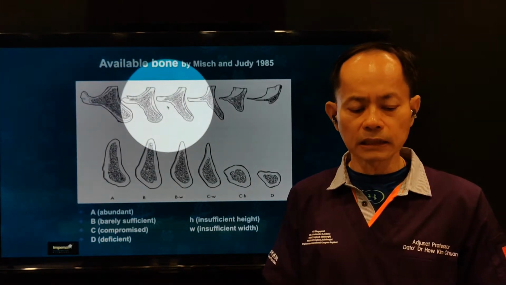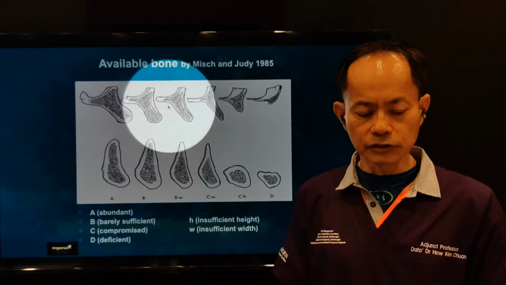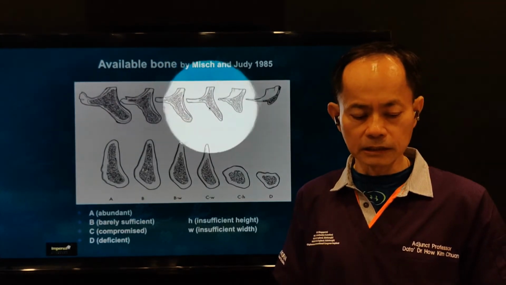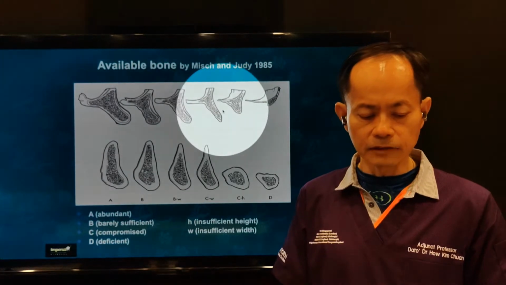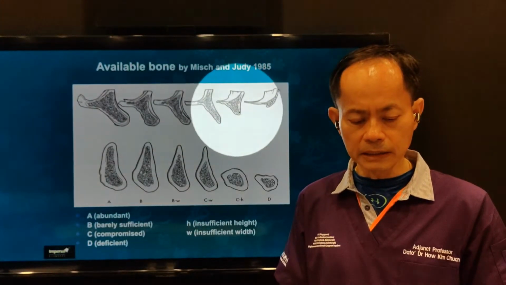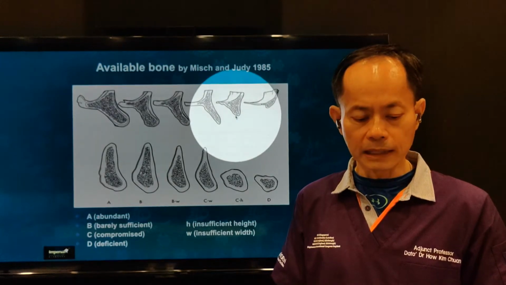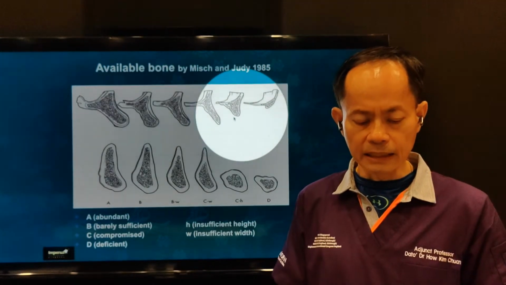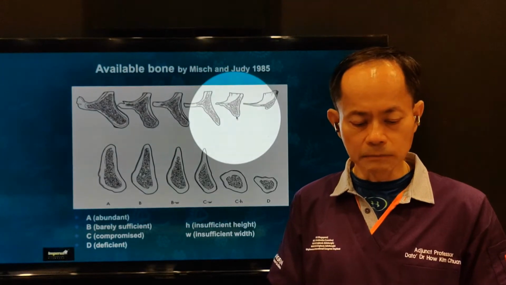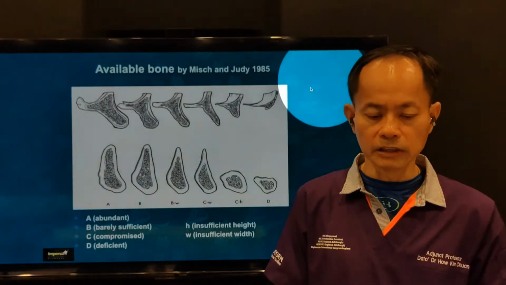Two years later, if we don't do anything, it will shrink to this dimension. Then in another 2 years, which is a total of 8 years, it will become very narrow. From 10 years onwards, it's going to be even smaller and the height will reduce. And about 12 years later, it will become almost all gone.